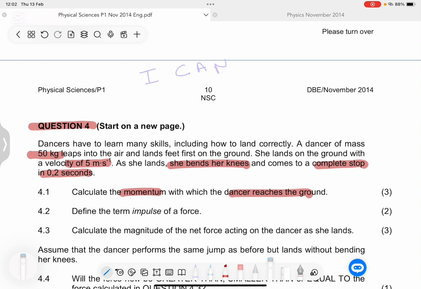We then use the same rule to answer other problems. In other words, I go to the A rule again to answer the next problem. The next problem here, 4.2, says define the term impulse.